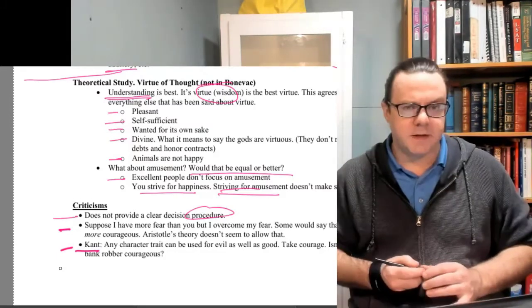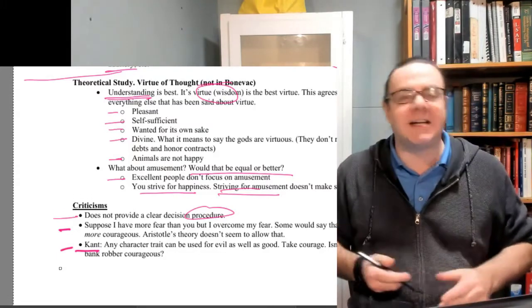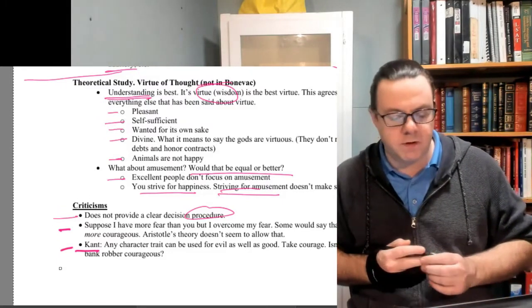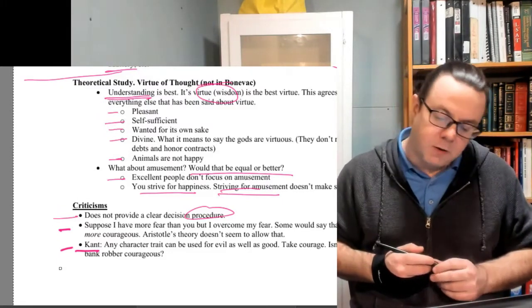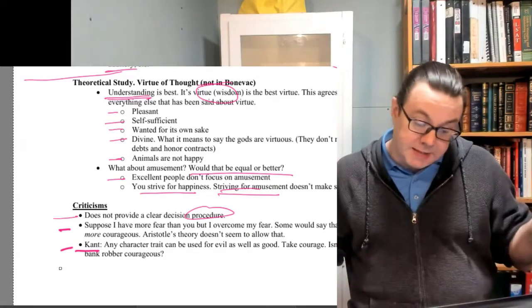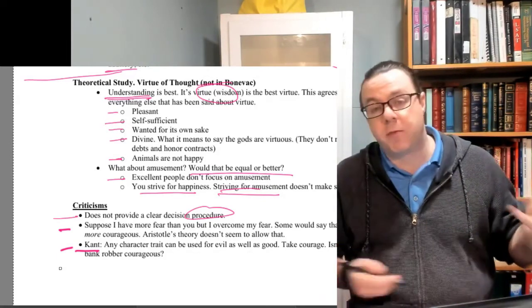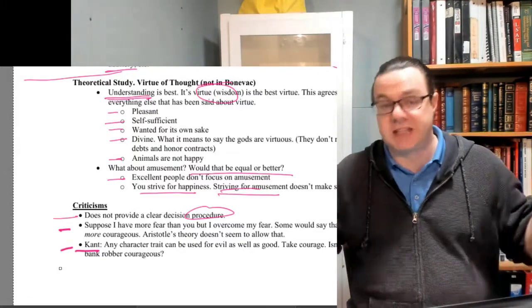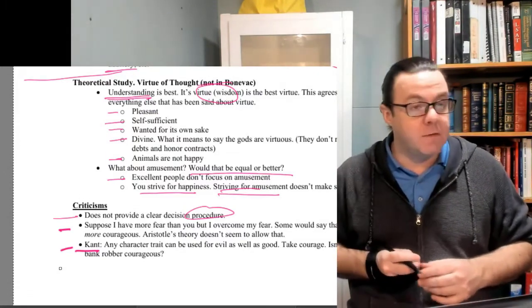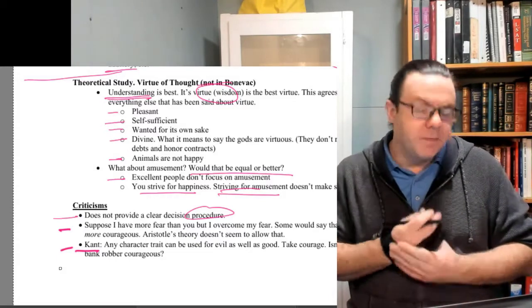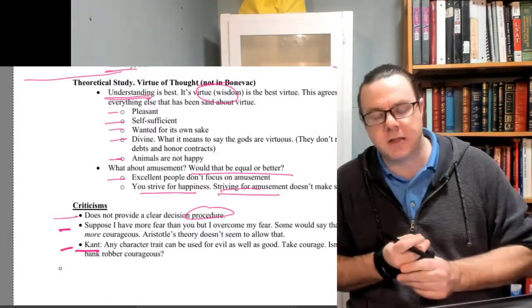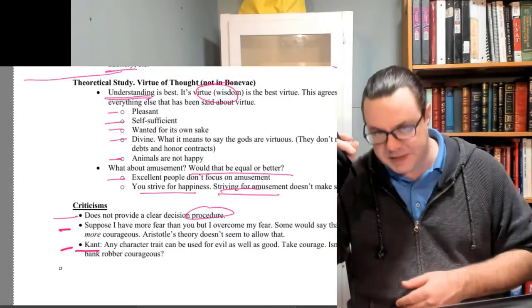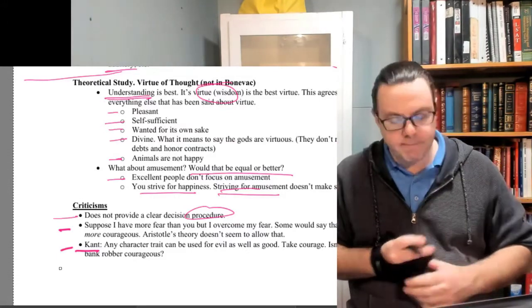That's another problem that maybe you could work out from an Aristotelian point of view. You could say that the courage of the bank robber is mixed in with other negative traits, so that the negative outweighs the positive, or something along those lines. But then, of course, the Kantian criticism would be, isn't the courage itself something negative in this case?